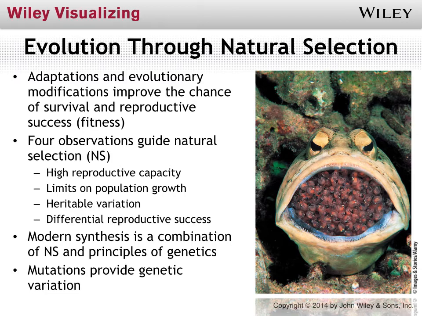So there are basically four general observations that guide our theory of natural selection. We know all living things on this planet can make more offspring than can ever survive. Most plants, animals, and humans for that matter, not today since we have medicine, but thinking way back in time, can produce more offspring than are ever going to be able to survive.